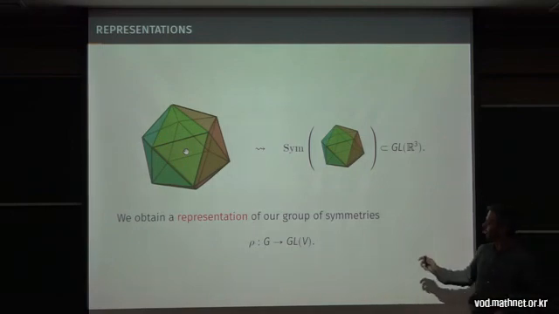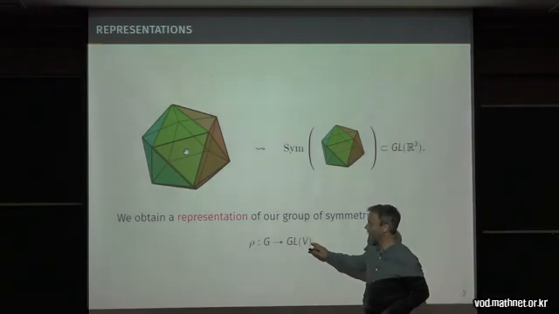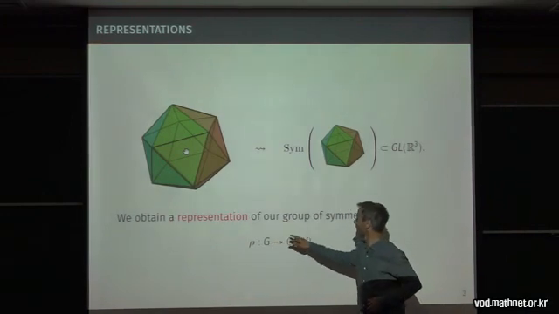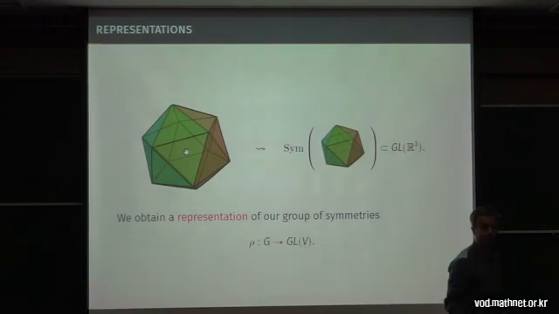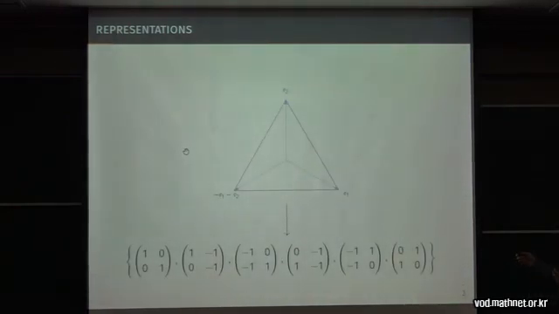So for example, an important representation is the trivial representation, where we just take a one-dimensional vector space and consider the map that sends every element of G to 1. So this is a concrete example here. Here I consider a triangle, and I've chosen my basis vectors in this nice way, and then I get 6 matrices that represent the symmetries of a triangle.